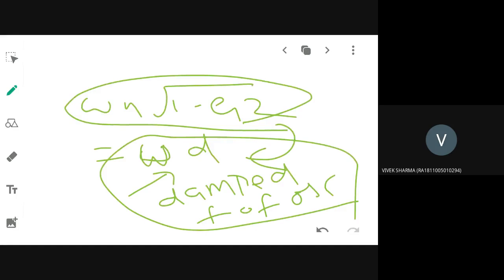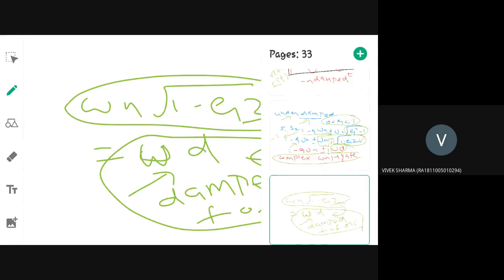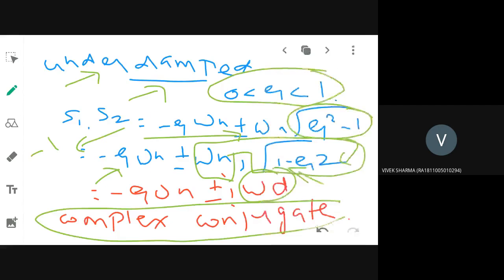A second order system will be mostly underdamped only. It will first begin to oscillate, then it will finally settle. So this case is very, very important. What is the nature of the roots for the underdamped case? The zeta value is between 0 and 1, and the roots are complex conjugate.